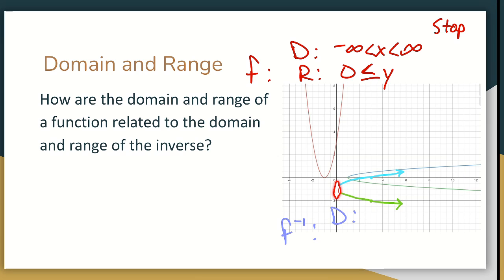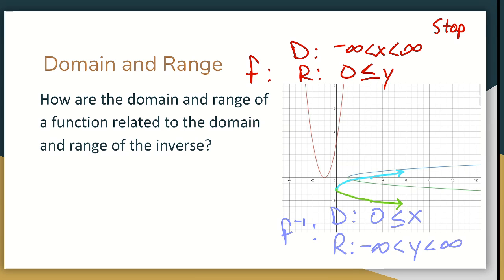Well, we can only have x values that are to the right of that. So x has to be 0 is less than or equal to x. We could also say x is greater than or equal to 0. And the range, well, we can go up that way forever and down that way forever. So that goes from negative infinity up to positive infinity.